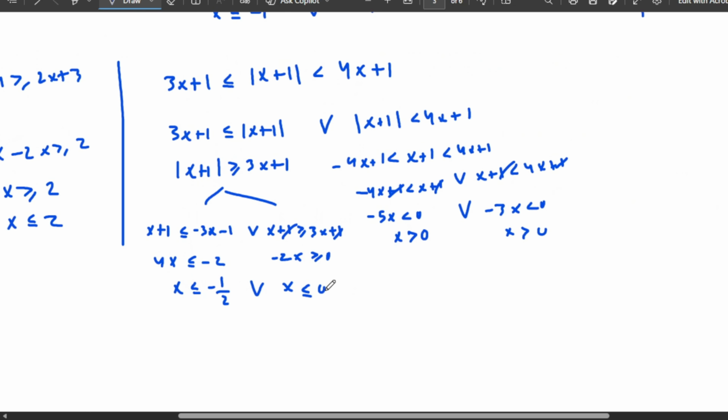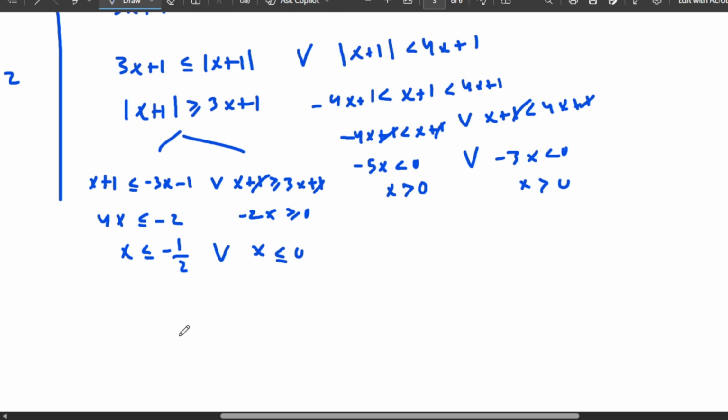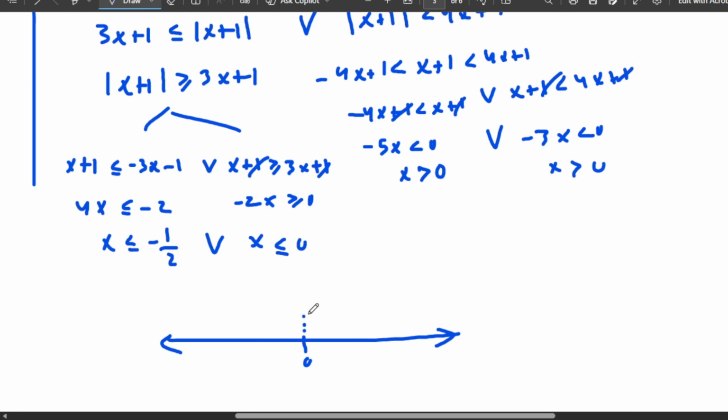Okay, so let's visualize this. We have 0, and x is less than or equal to 0 here. Let's say negative a half here, so x is less than or equal to negative a half. But x can be greater than 0 and not equal to 0.